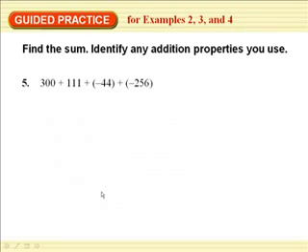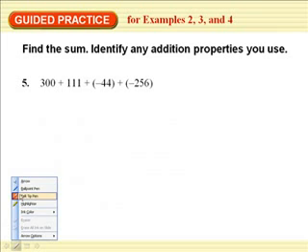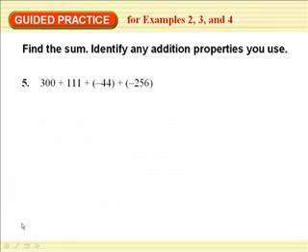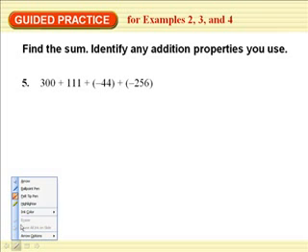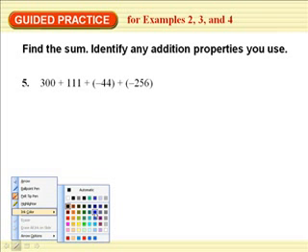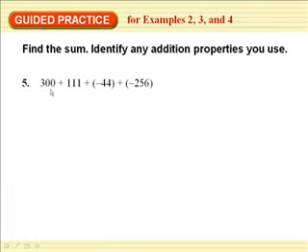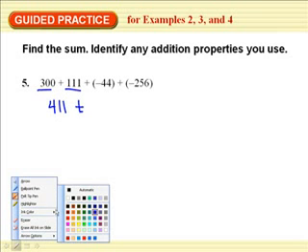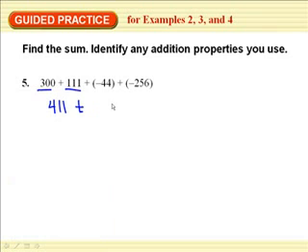All right, let's go through here. We have more than one number, so what we'll do is add the positives first. So I go through and find all the positives. Remember, you can add numbers in any order. Let's be blue for positive. So 300 and 111 make 411. Then let's add our negatives, which let's make red.